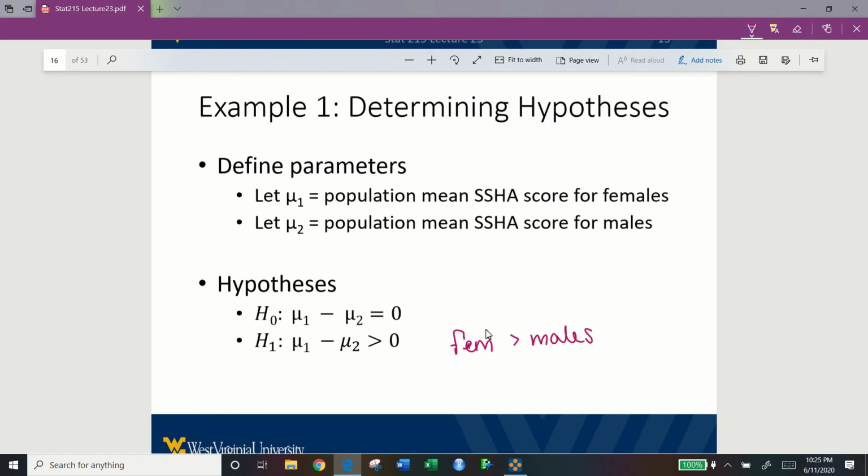If we rearrange this, we would have females minus males is greater than 0. Now, if we plug in for our mu's, we know mu1 represented the females and mu2 represented the males. This is an alternative way to come up with the alternative hypothesis if you're struggling with it a bit.